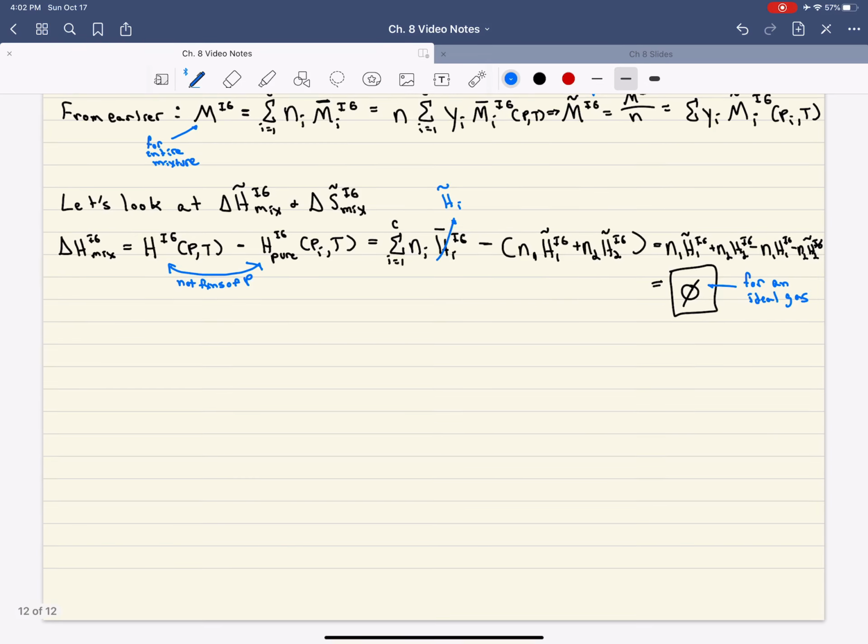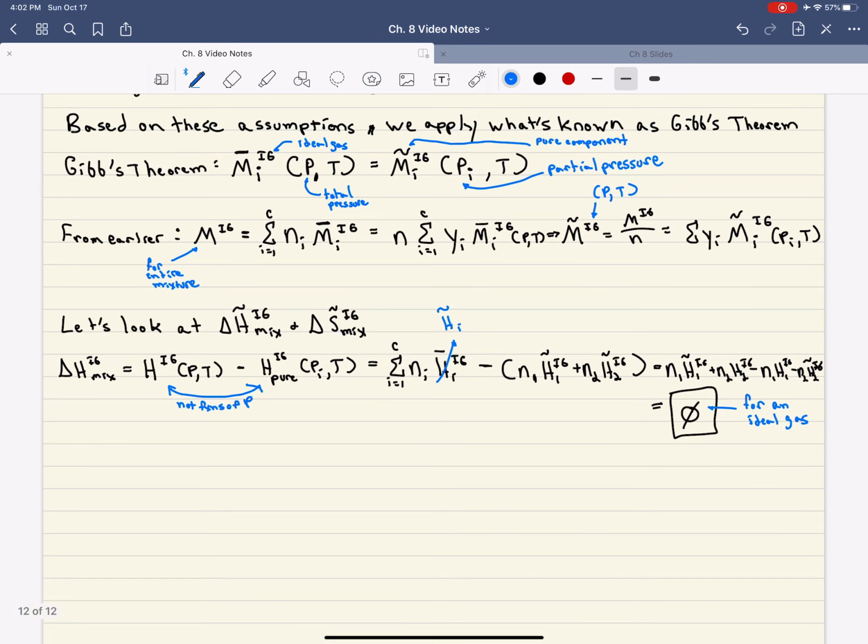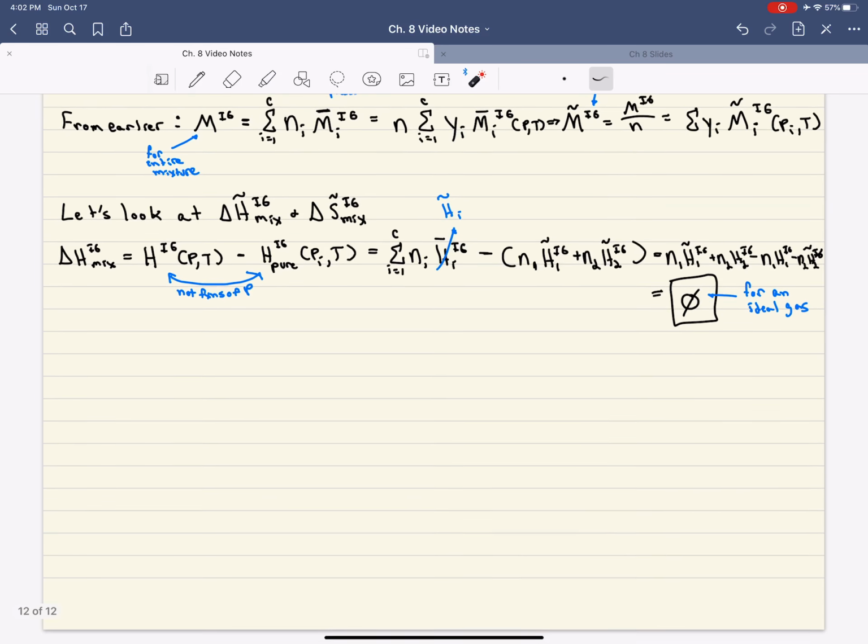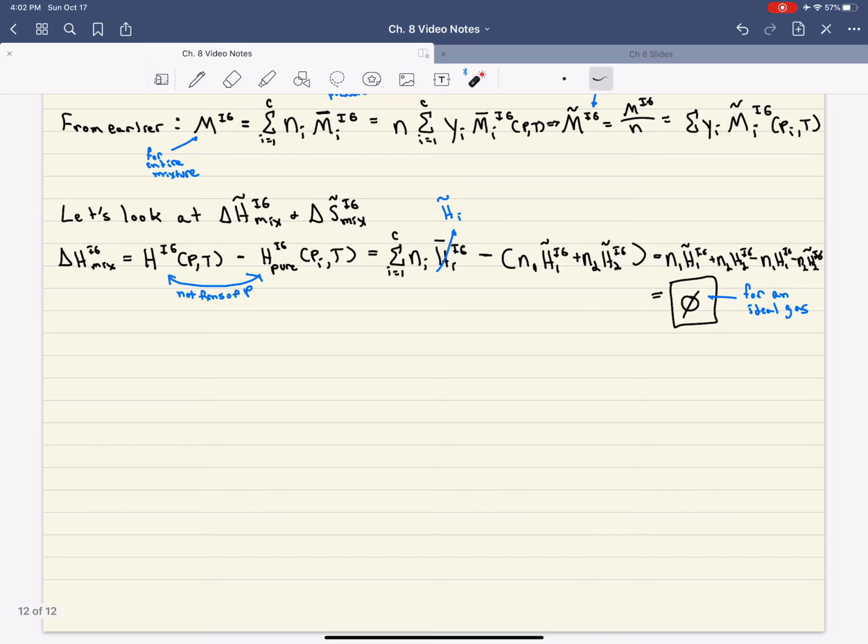And the reason we see that is because even though from Gibbs' theorem, on the left-hand side we're looking at total pressure, and on the right-hand side we're looking at partial pressure, for ideal gases, the enthalpies aren't a function of pressure anyways. And so we find that for enthalpies, the total enthalpy of the mixture is just the same as if you just added up the pure component enthalpies.